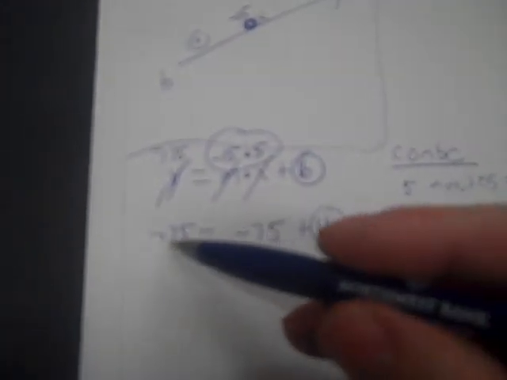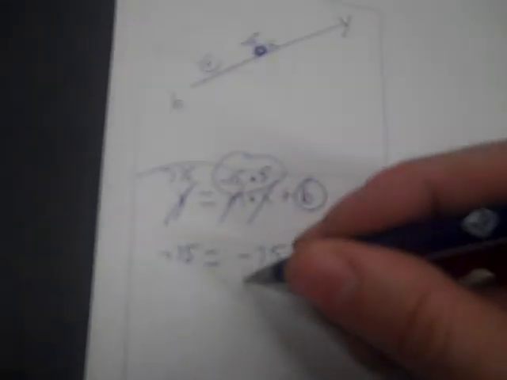Well, I need to move the negative 75 out of here by adding it. Add 75. And then 775 plus 75 is 850. 850 equals 1b, which means after I've added, 850 equals b. Okay.